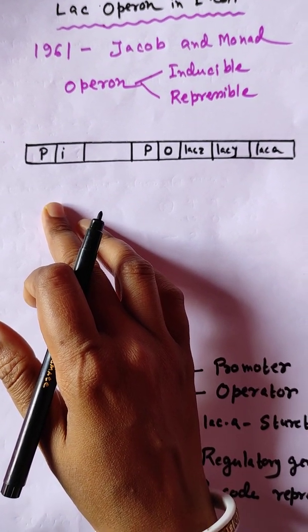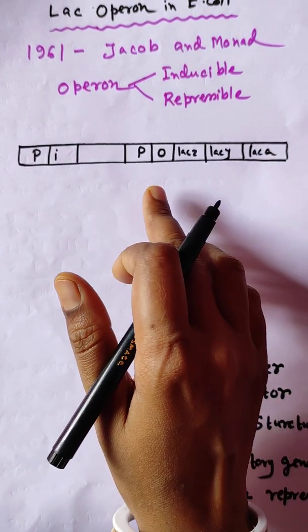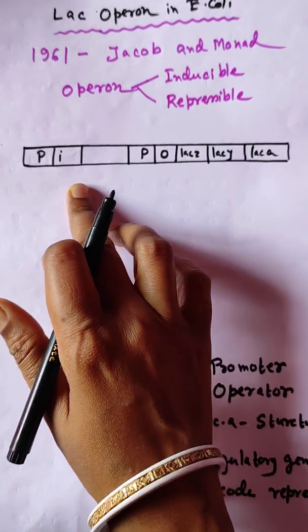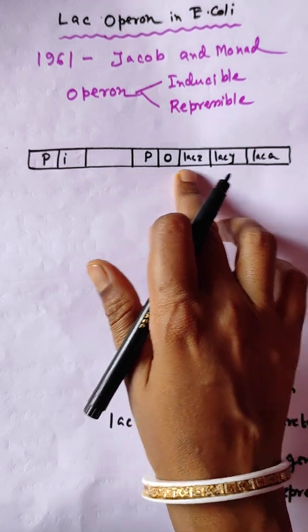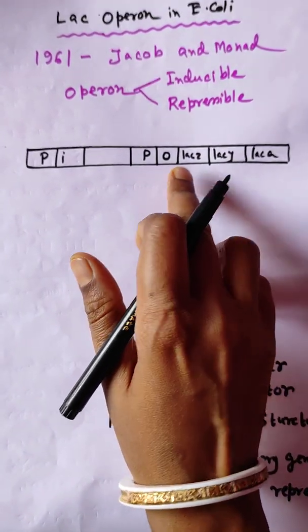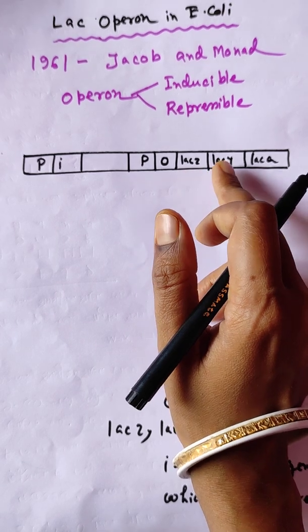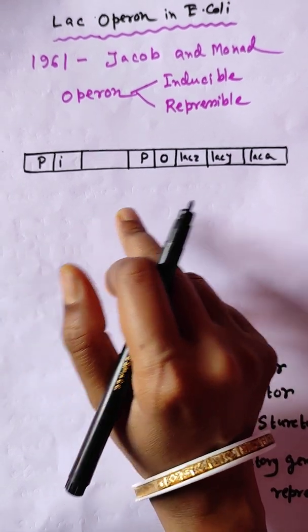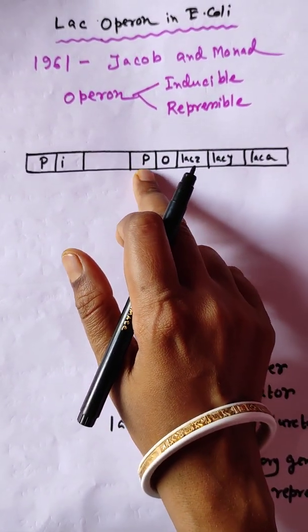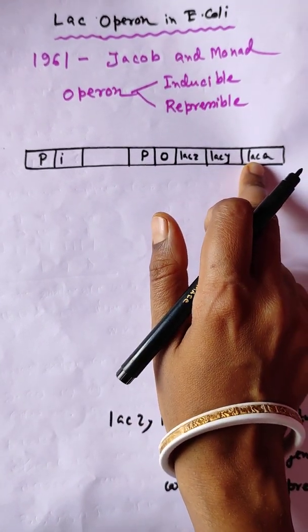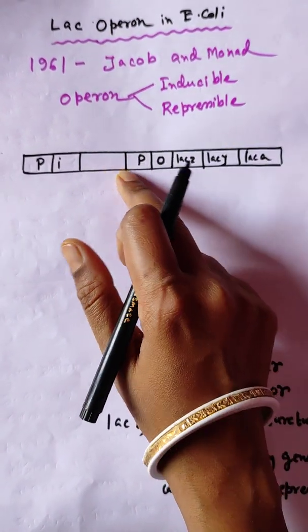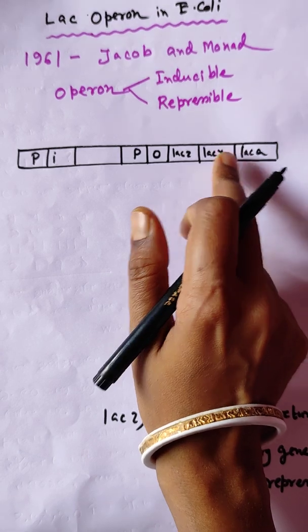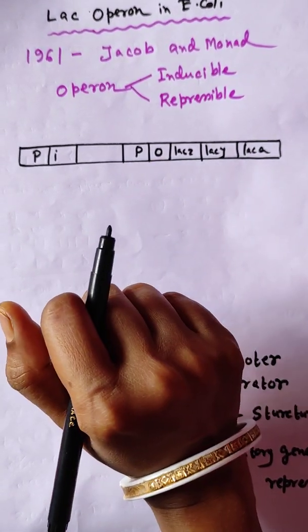Now we already know that operon is a functioning unit of DNA. This is the DNA, the functioning unit of DNA containing a cluster of genes, like Z, Y, A structural genes, and operator and promoter, under the control of a single promoter.